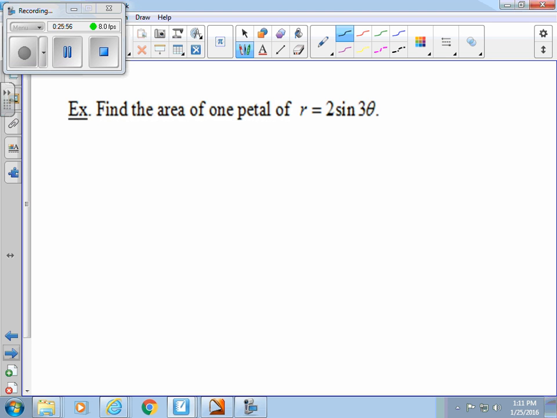Okay, if I know where this touches the pole, if I know where it touches the origin, will I know where a petal starts and stops? Sure. Yes. So if that's something I can find, would that equal 0?